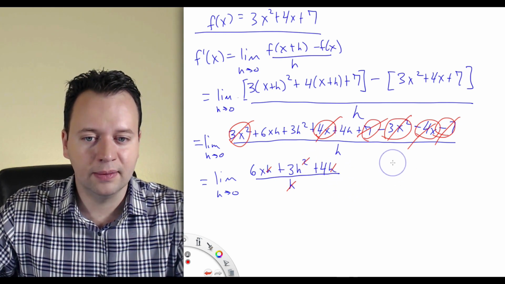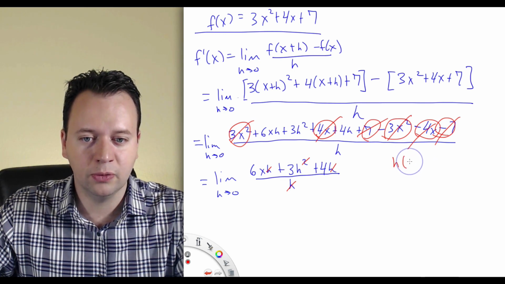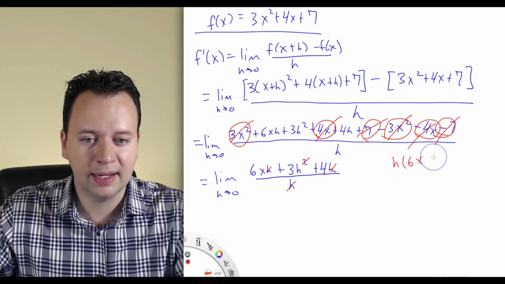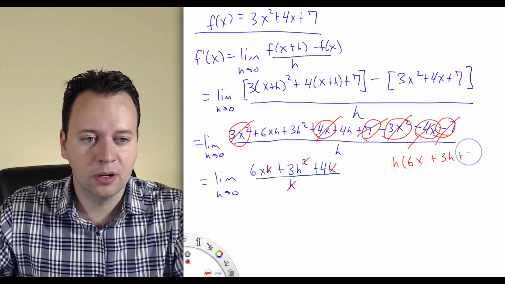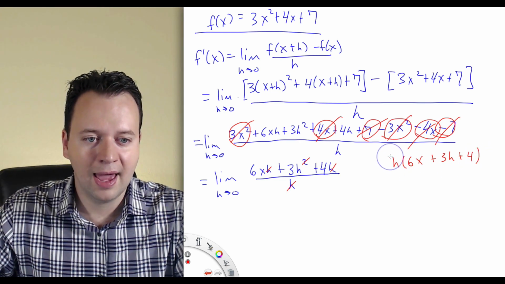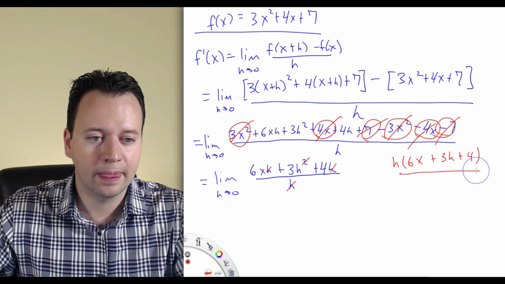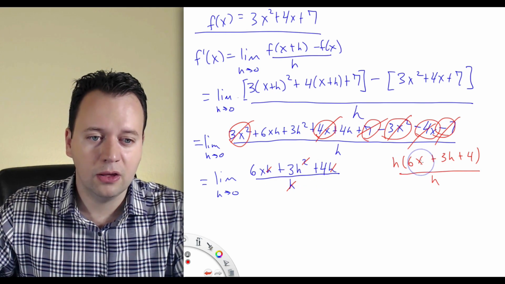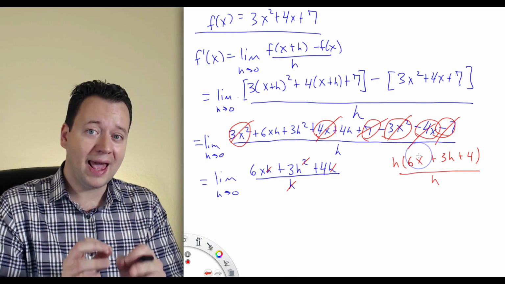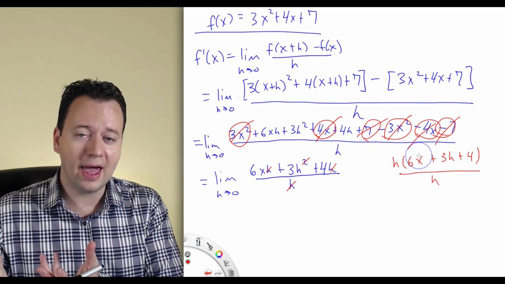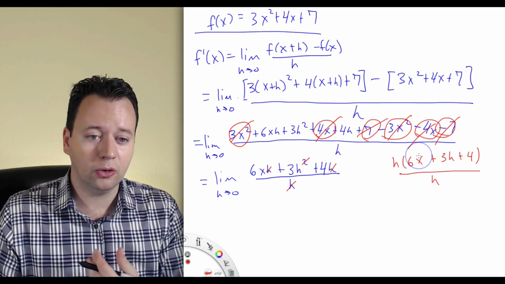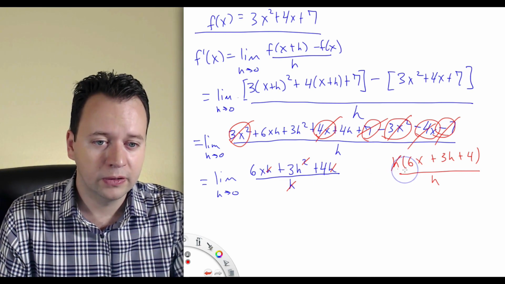And the reason is because I really pulled out an h. It's really h times 6x plus 3h plus 4. And then that h can distribute back in, right? So really, you have to pull the h. There has to be an h in every term in order to pull that h out and then have that cancel with the denominator.